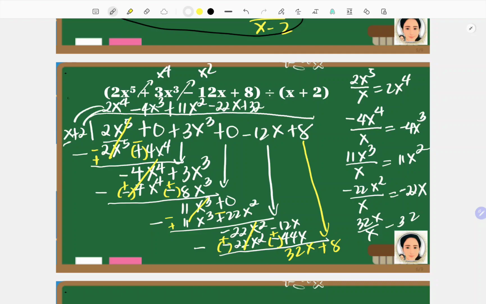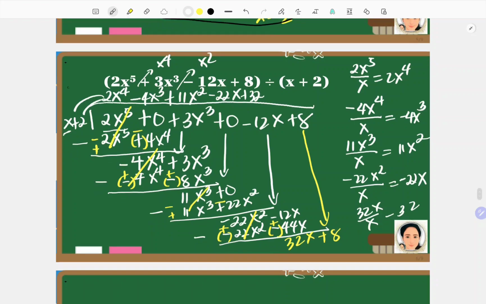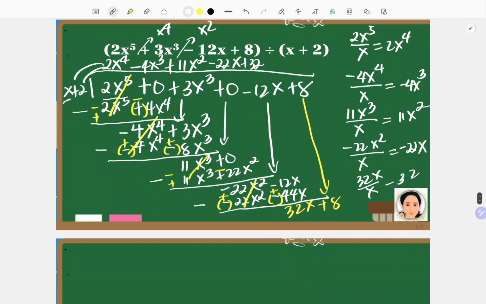Positive 32. It will no longer fit, so I will write it below. 32x plus 8. So, just multiply. We have 32 times x. 32x. 32 times 2. Positive 64. Okay. Then, subtract.